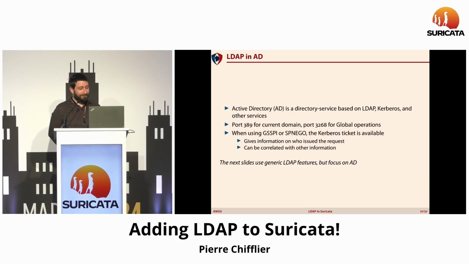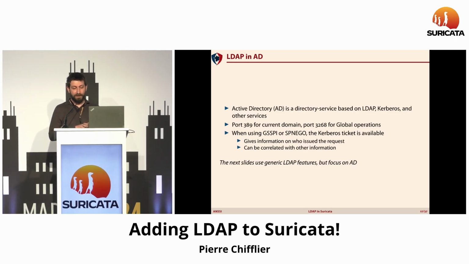So now I would like to focus on Active Directory. Active Directory, as I said, is a directory service which is the heart of any Windows deployment. It's LDAP, it's Kerberos, it's a few other things. So you have a different port number that also was in the pull request, the 3268, because you have different operations, whether you are requesting the local domain for your controller or if the controller will forward the request to another server.